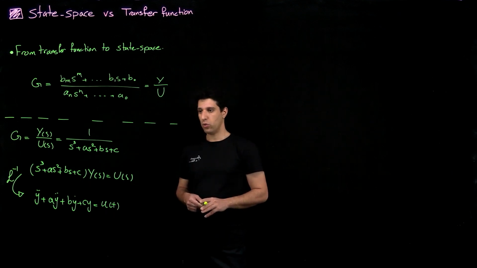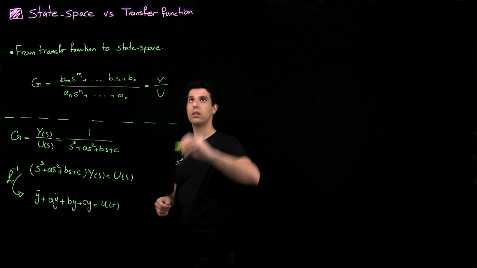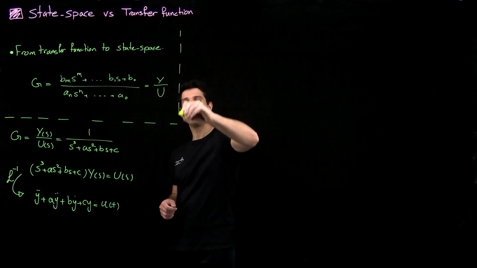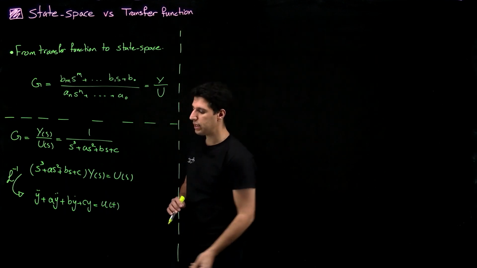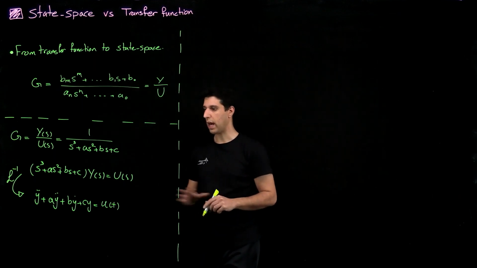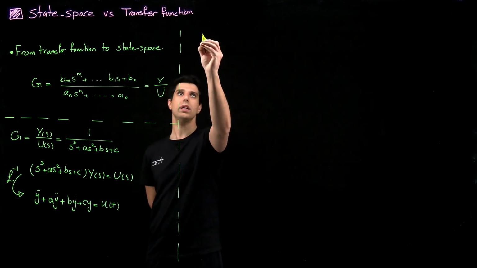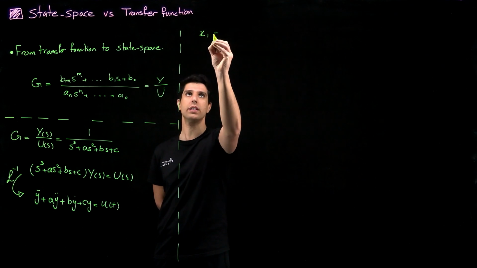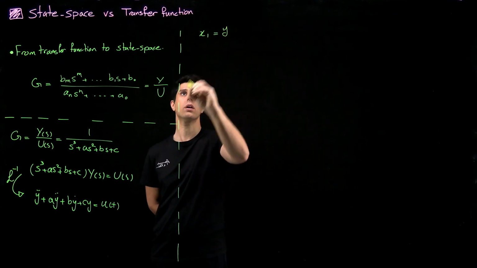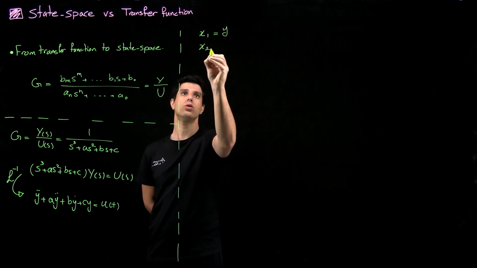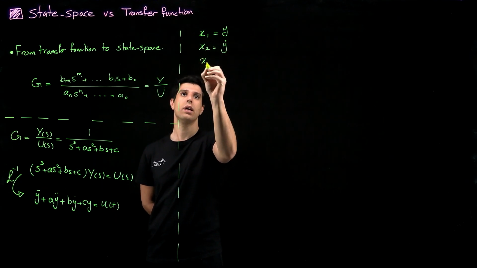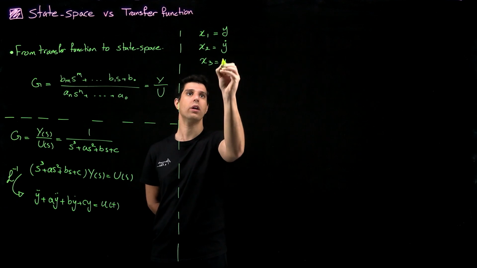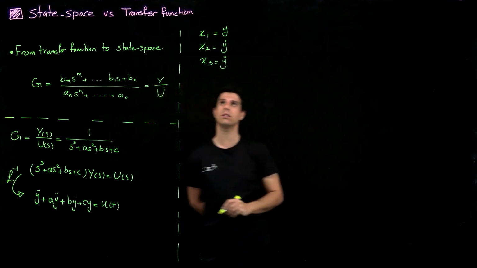What I can do is start in a similar way we did it with the mechanical system. Let's call my x1, my first state, to be y, my x2 to be y dot, kind of the velocity, and x3 to be y double dot, my acceleration.